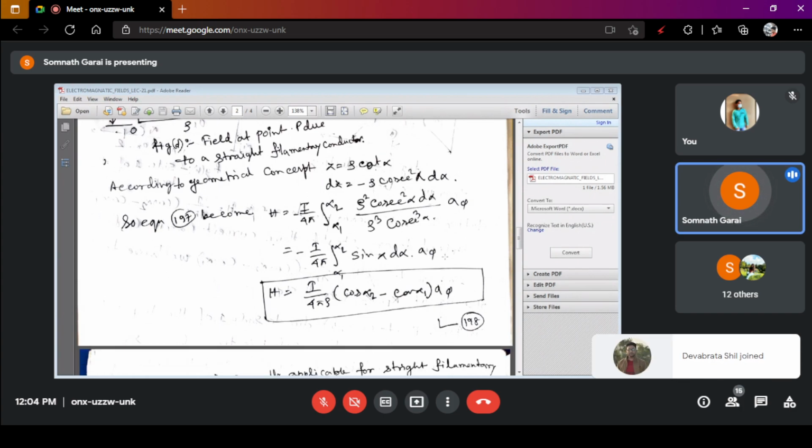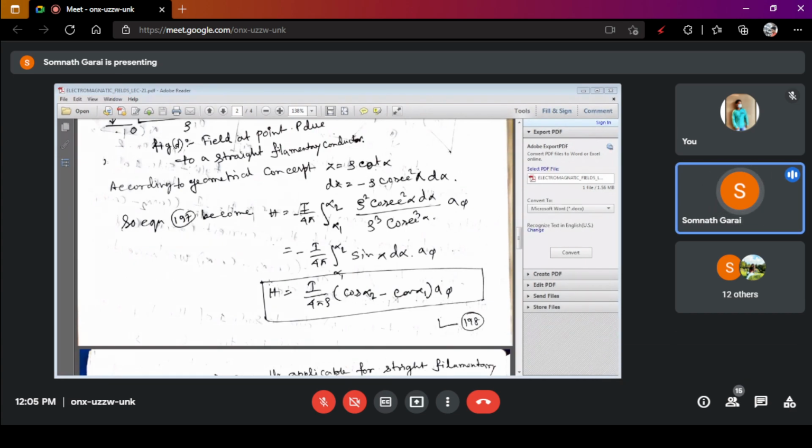Now if we put the upper value and lower value into this equation, then we get H, that is the total magnetic field intensity, equal to I by 4 pi rho, cos alpha 2 minus cos alpha 1 a phi.